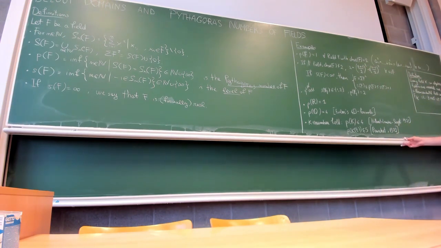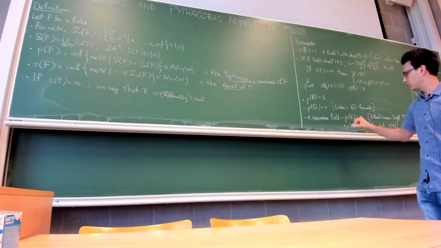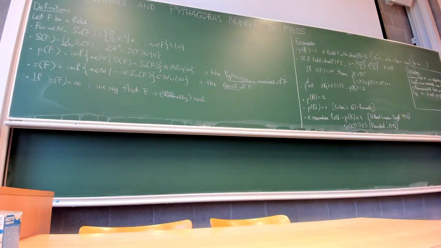So what happens for an algebraic function field in one variable over a number field? Well, we know that it is at most 6.